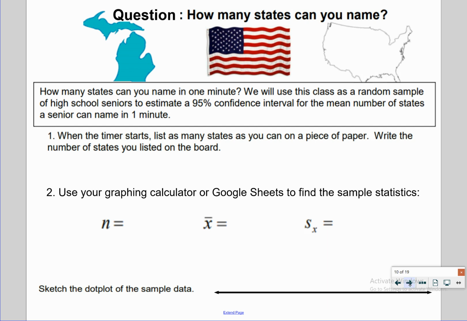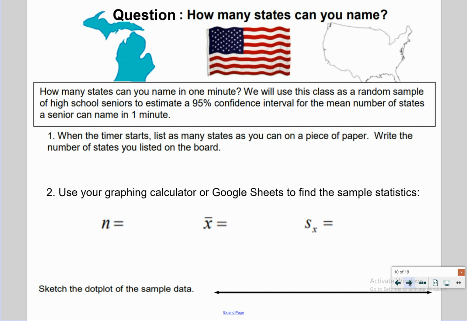Ready, set, go. 20 seconds. 5, 4, 3, 2, 1. Pencils down. All right, count them up.